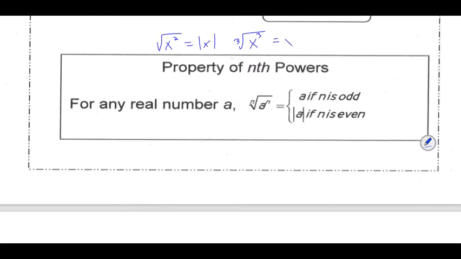Then this is just regular x because that answer could be positive or negative. Okay? If we go to the fourth root of x to the fourth, now we have to go back to absolute value of x. They still cancel each other out, but again, we want a positive quantity there. Okay? So if you are canceling out with an even root and there's a variable involved, you're going to have to use that absolute value. If it's odd, then you don't need to worry about it.